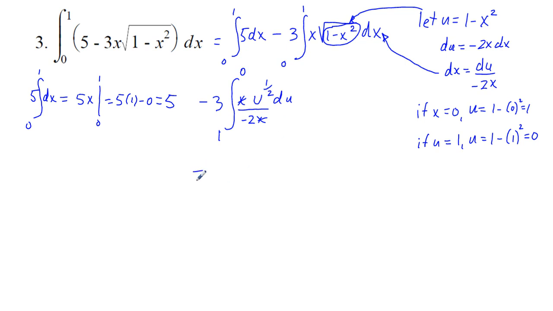So working below, what we have here is 3 halves. We're going to have u to the 3 halves, and we're going to divide by 3 halves, which is the same as multiplying by 2/3.